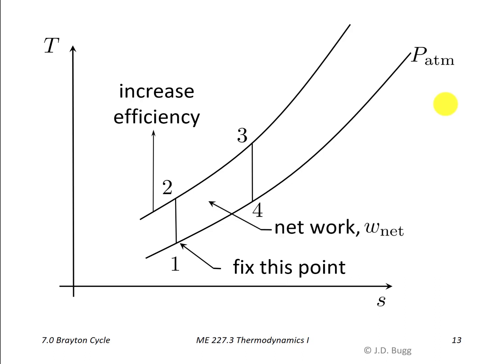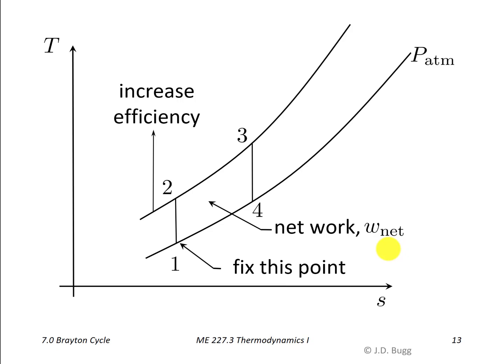Well, the other thing we want to remember about a TS diagram is that the net work produced by the cycle is the area enclosed by the TS diagram. So that area is proportional to the net work. And here it's written as the net work on a per unit mass basis. So to get the net power, we would just have to multiply that by the mass flow rate through this particular gas turbine.